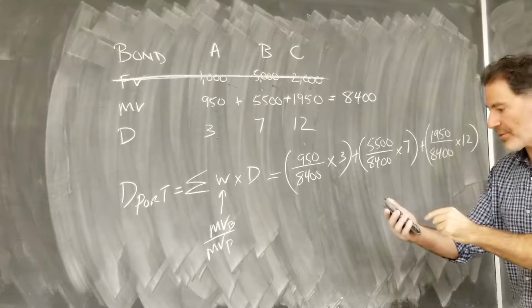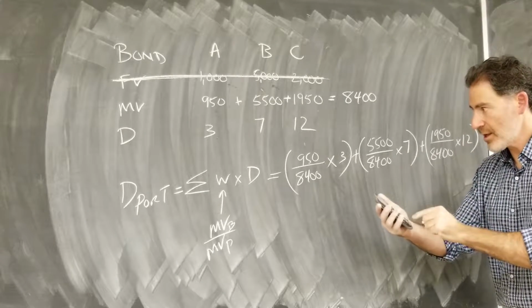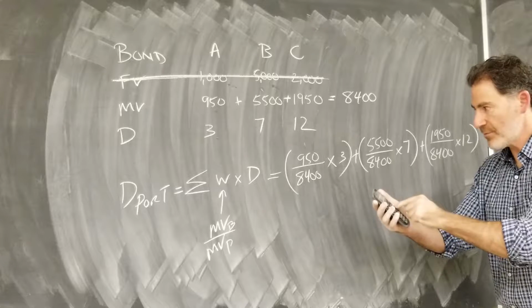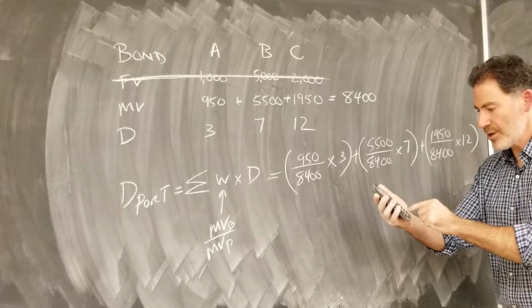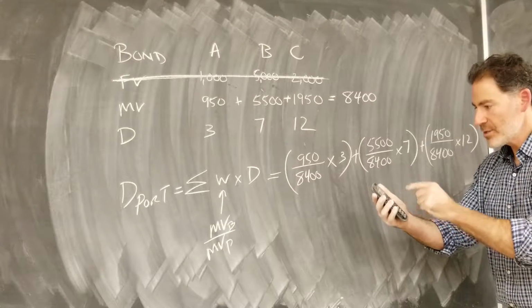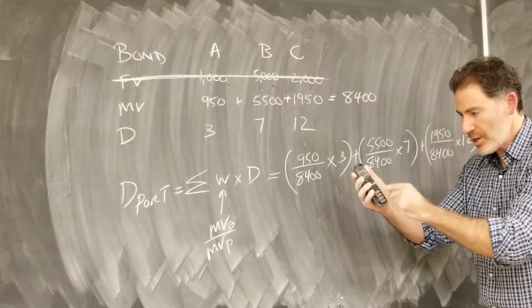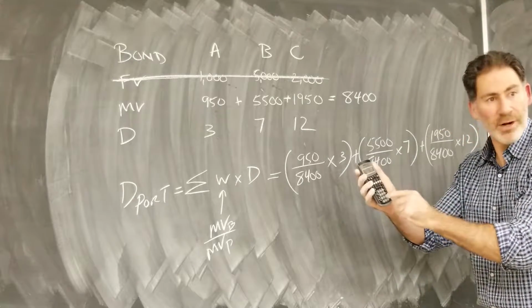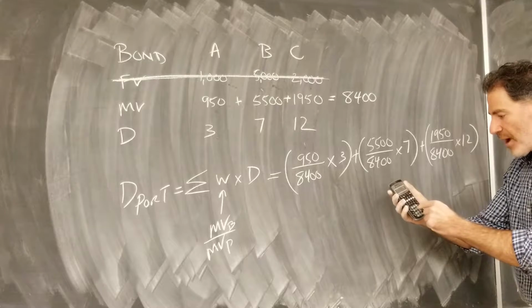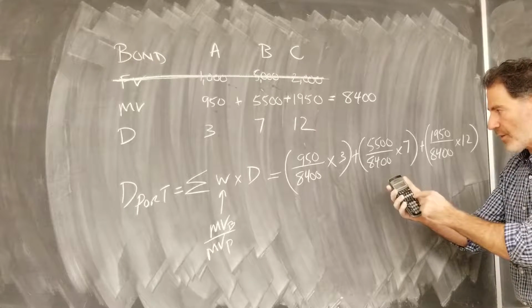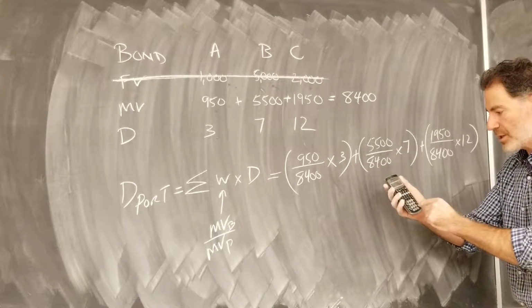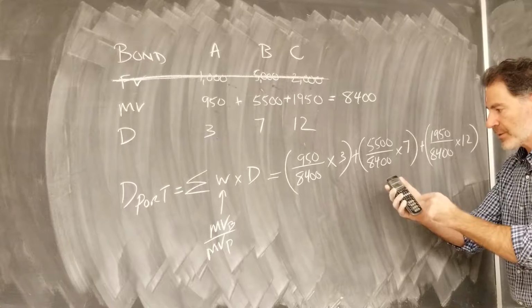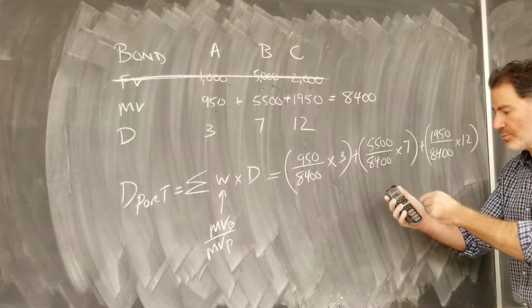And if we do this math, let's get it done here. 950 divided by 8,400 times 3. So that's 0.339. I'm going to store that in my memory number 1. Let me come to the next one. 5,500 divided by 8,400 times 7. And now I'm going to add that to my memory.